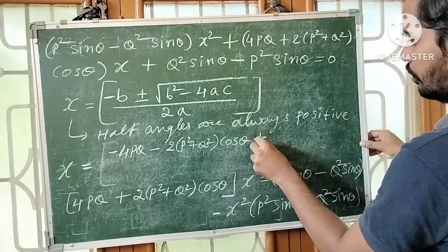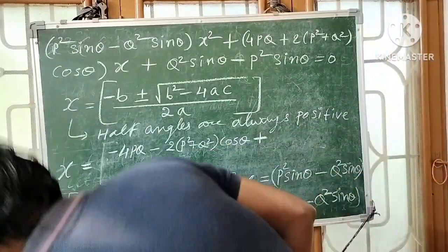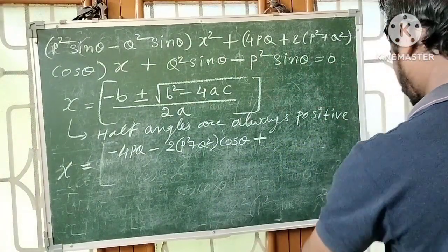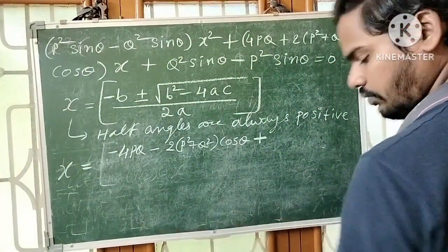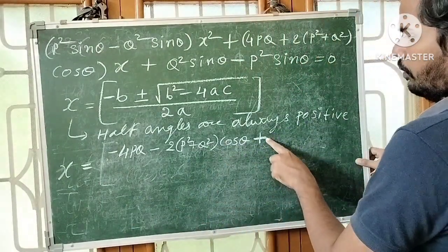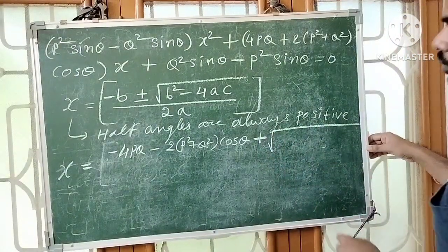Plus, we are considering only the positive sign because half angles are positive. So plus root over b square.